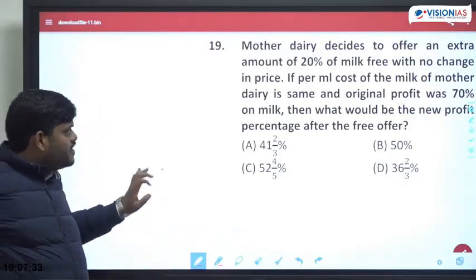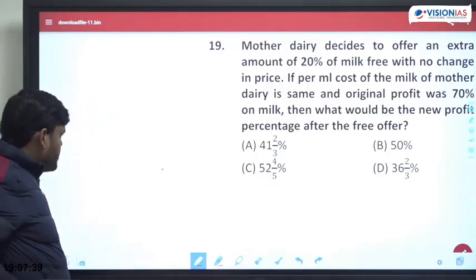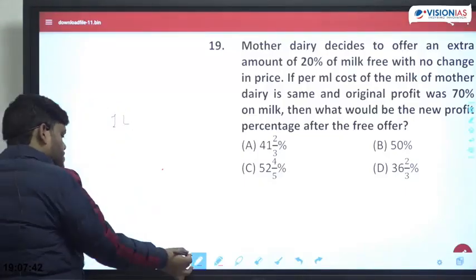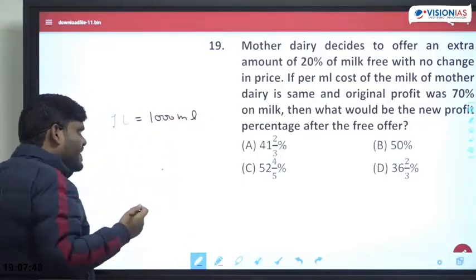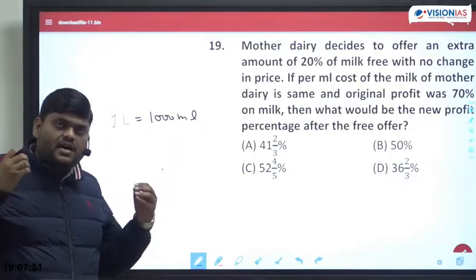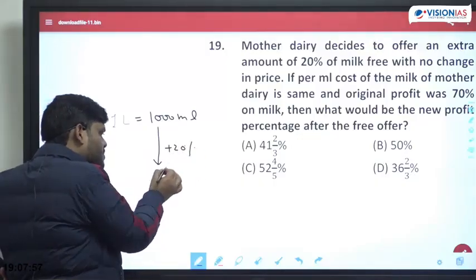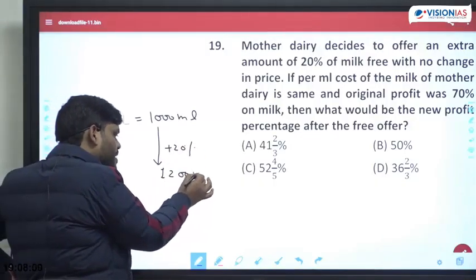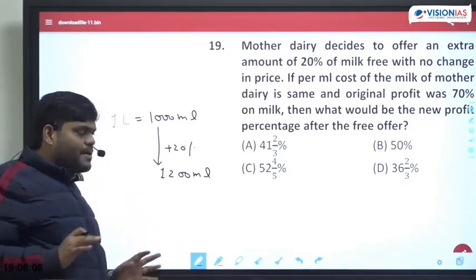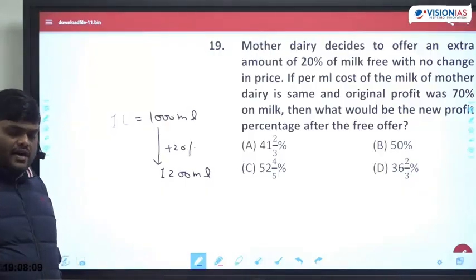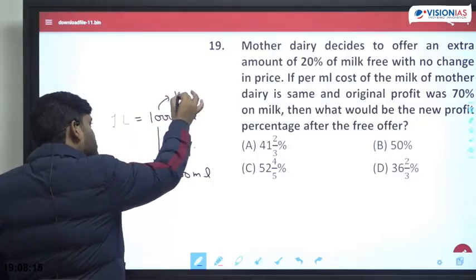Mother Dairy decides to offer an extra amount of 20% of milk free with no extra charge. Suppose we take 1 liter, that means 1000 ml, and now Mother Dairy is giving 20% extra milk. So suppose I am a customer, now I will get 1200 ml. The milk cost is the same. Suppose the cost of 1 ml is 1 rupee, so 1000 ml costs 1000 rupees.